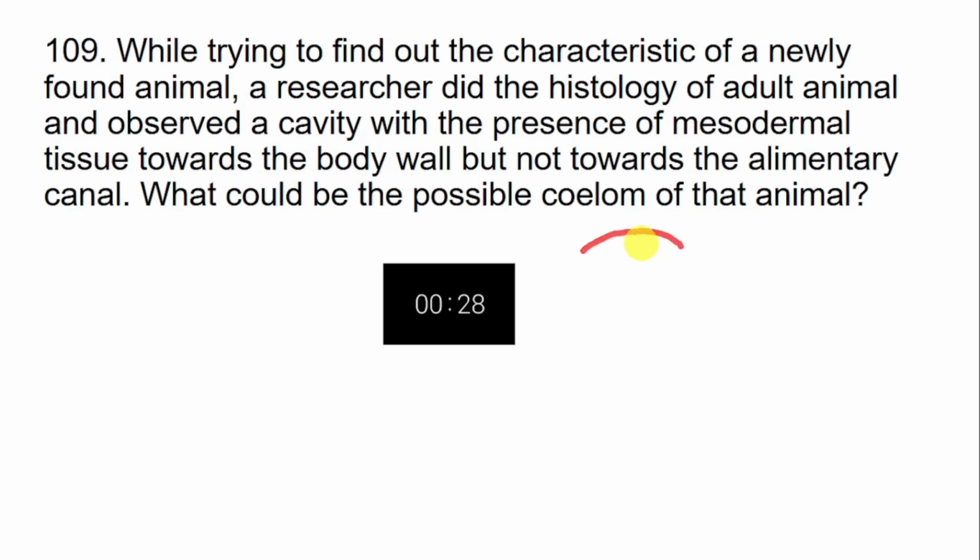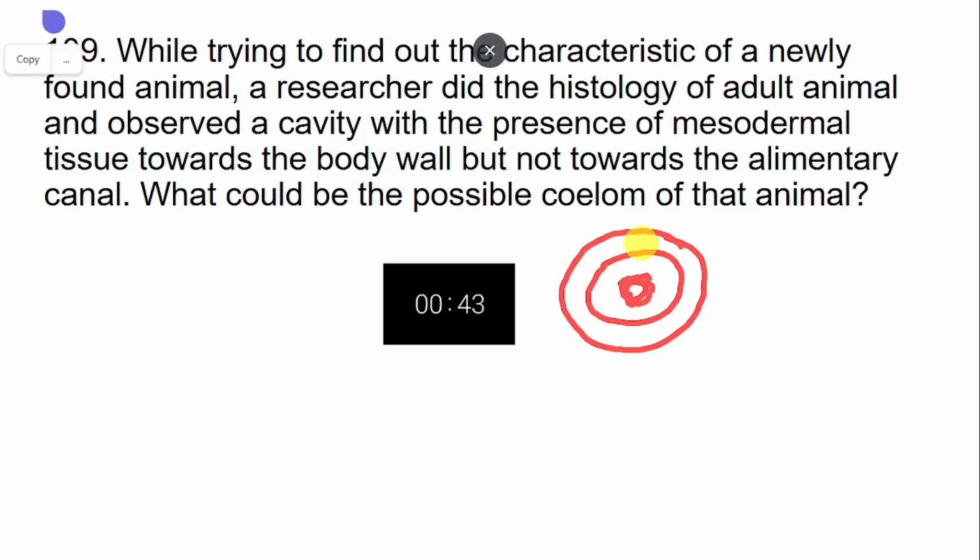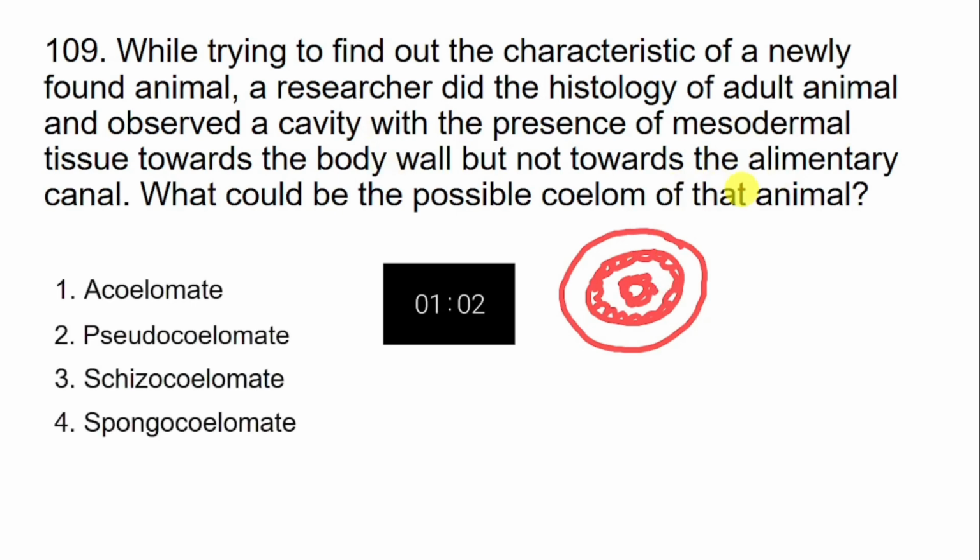So if you have the cavity, this is internal, alimentary canal. If mesoderm is not around the alimentary canal, if it is only present on the body wall, then it is called a pseudocoelom. If it is present in both the cases, it will be a true coelom. So in this case, since it is not present on alimentary canal, it will be called a pseudocoelom. So option 2 is the right answer.